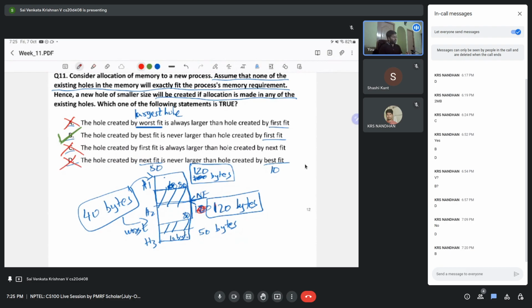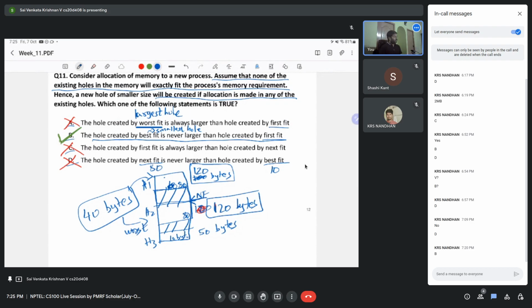So coming to option B, which is the final option. They are telling the hole created by best fit is never larger than the one created by first fit. So you cannot contradict this example, because best fit will always result in the smallest hole. The smallest hole size created, that is what the best fit algorithm is all about. And whatever hole size the best fit algorithm creates, it will never be larger than the hole created by first fit, which is always true.